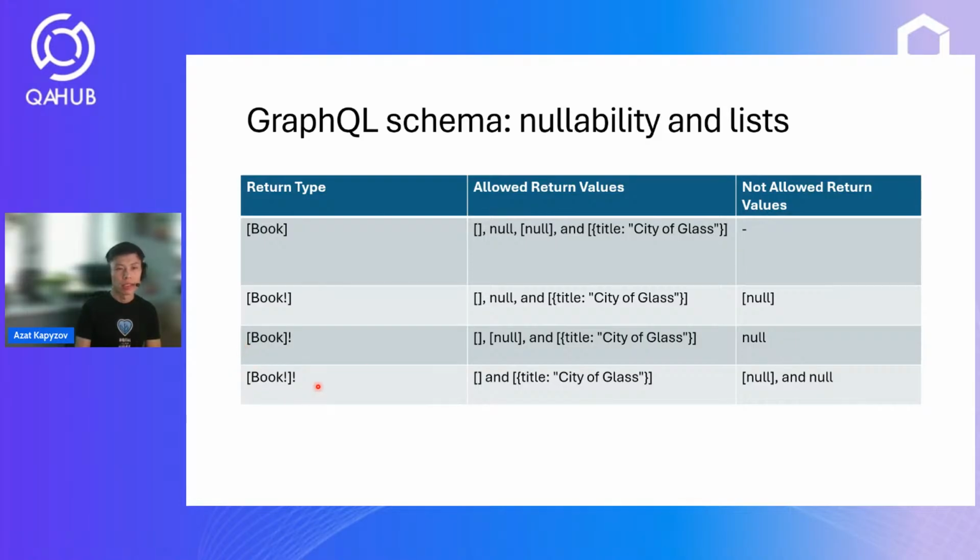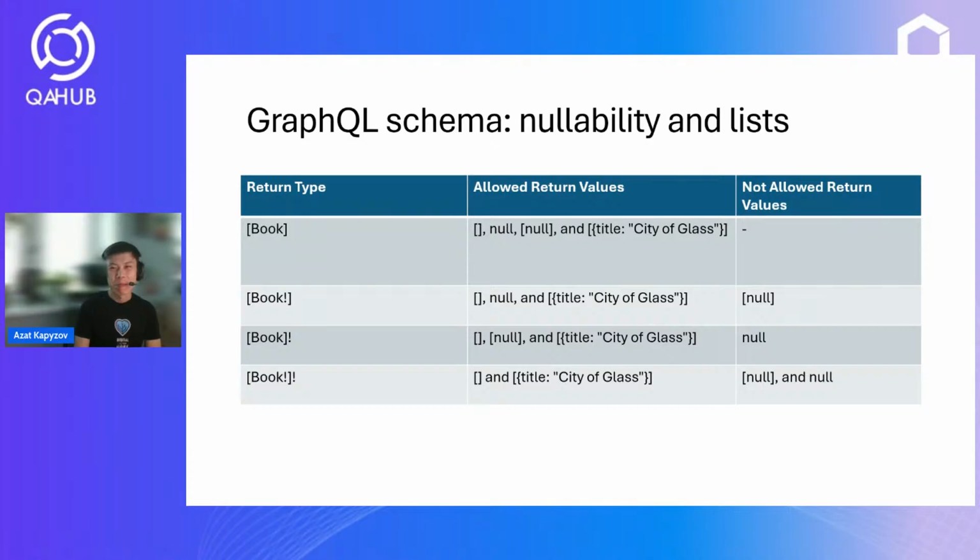And the last case, when we set the exclamation mark inside square brackets and outside square brackets, it means that the response cannot be null, and the list cannot contain null inside. So valid options are an empty list and of course some objects in the list. Okay, I hope it's not too complicated.